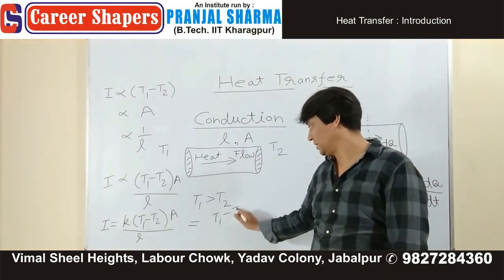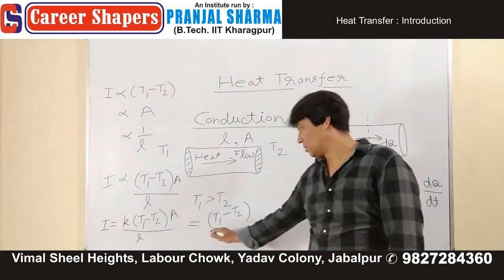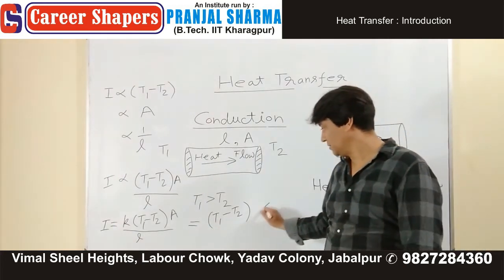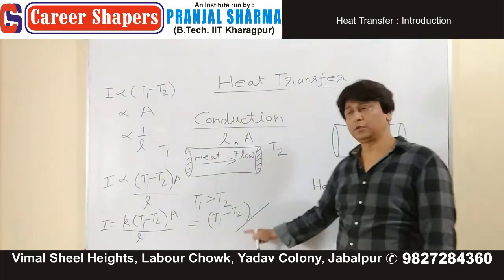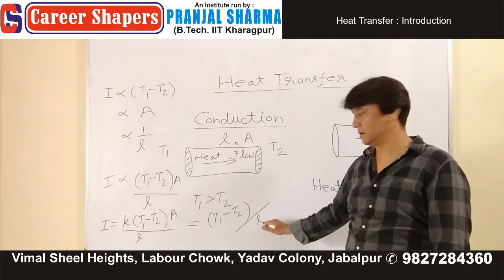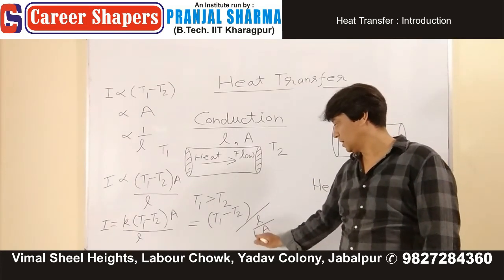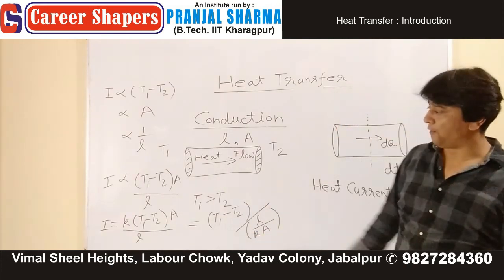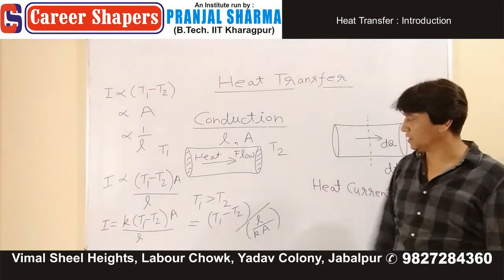T1 minus T2 whole divided by L upon A upon K. Transfer A and K into the denominator.